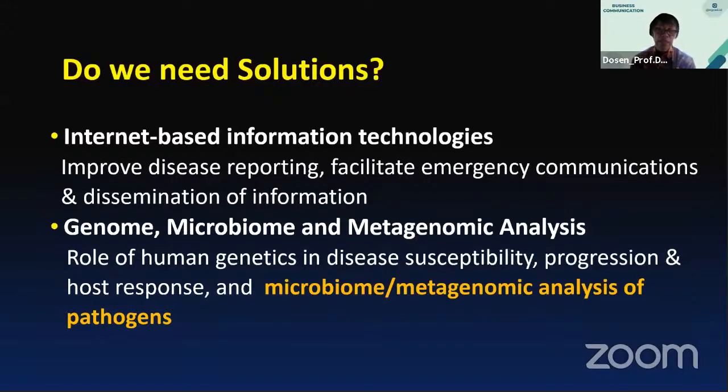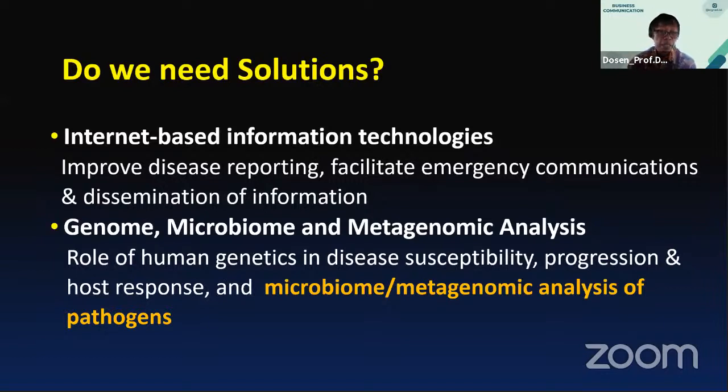They improve disease reporting, because if we do good reporting or have a standard international reporting system, then we understand the progress of the disease and how we should control it, and how to facilitate emergency communication and dissemination of this information for the government and for the community.